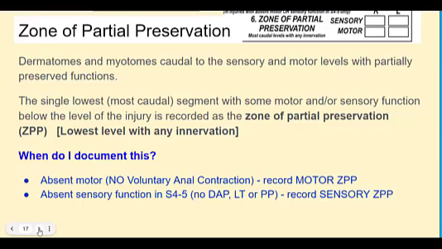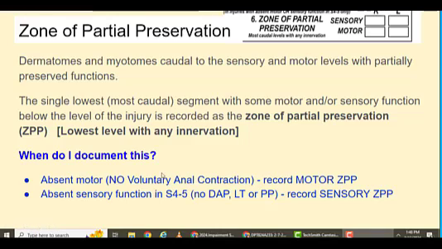Here we're looking for dermatomes and myotomes caudal to the sensory and motor levels with partially preserved functions. Okay, so we're looking for the lowest, the most caudal segment that has either some motor or sensory, and we're going to write it down for both the sensory and the motor on the right and the left side if we have a complete injury. So we're really only marking the zone of partial preservation in a complete injury.